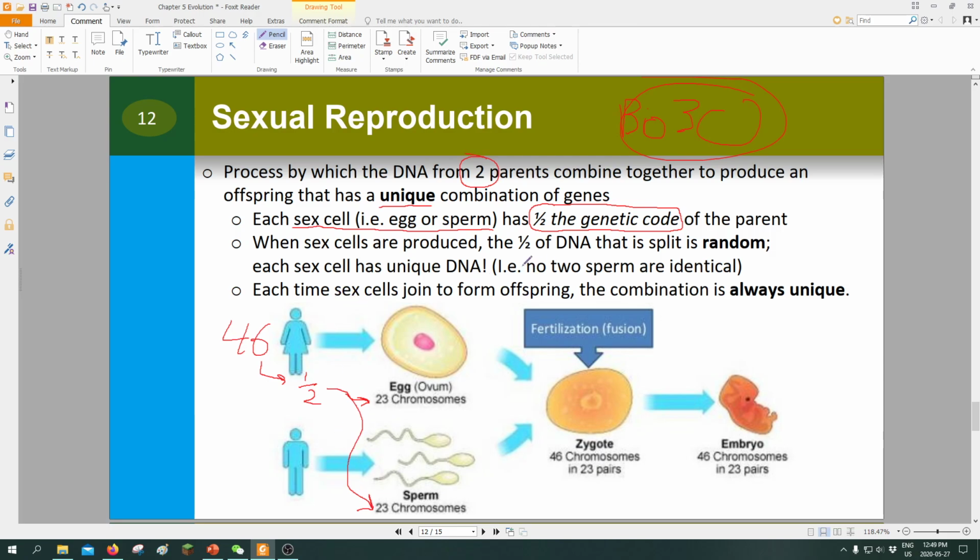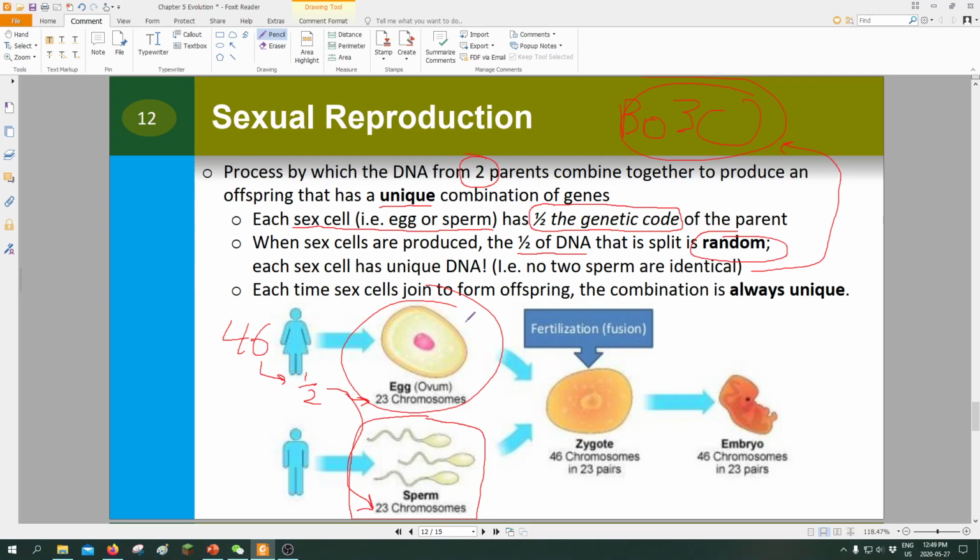When these sex cells are produced, whatever half of the DNA that this egg or this sperm actually gets, the choice of the DNA that's allocated into this half is completely random. Okay, so no 2 sex cells of the same person have the exact same DNA. There are no 2 sperm that are identical to each other. They might have some similarities, but they cannot be identical because of things you'll learn in Bio 30. It's called crossing over of DNA. Each sex cell has a unique DNA.